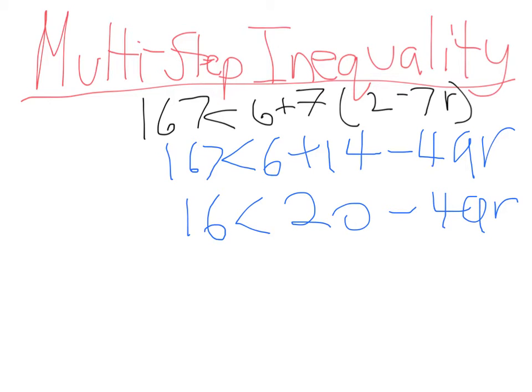Oh yes, my bad. Yeah. So I'm going to minus 20 on both sides. So 167 minus 20 is 147.